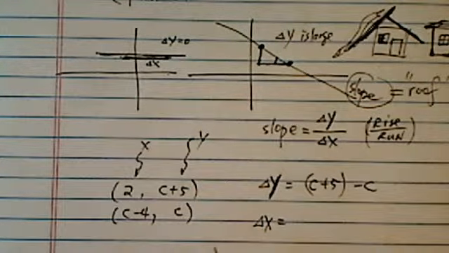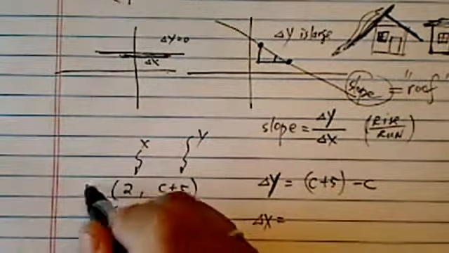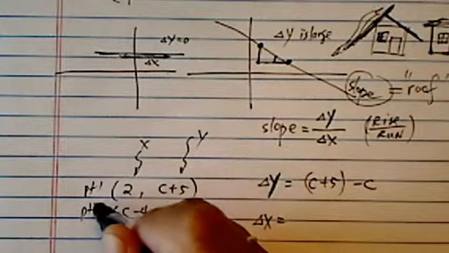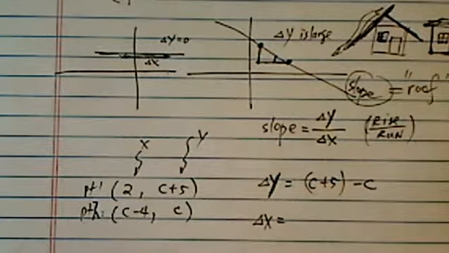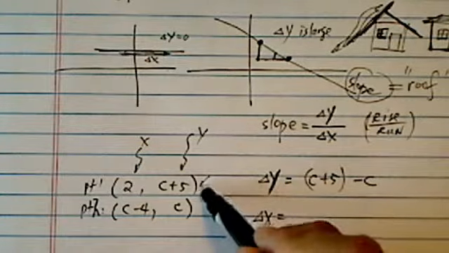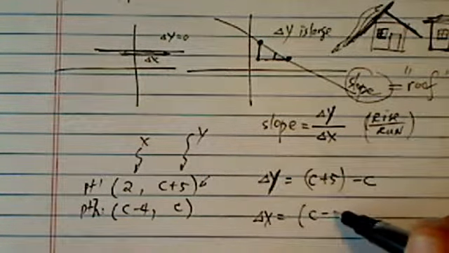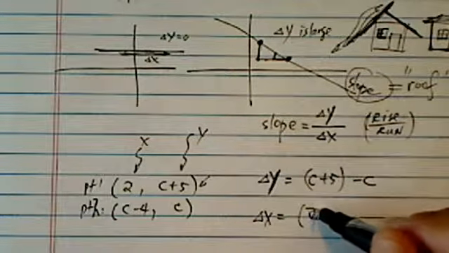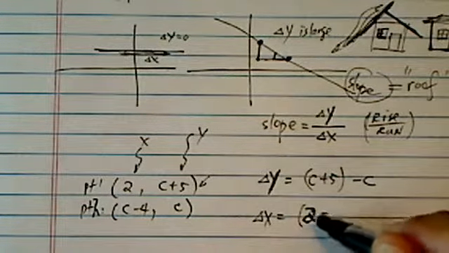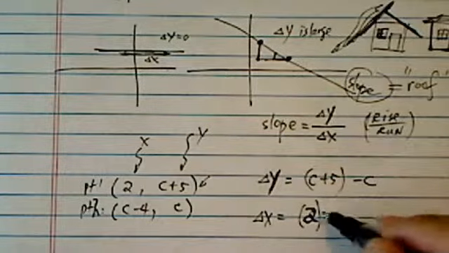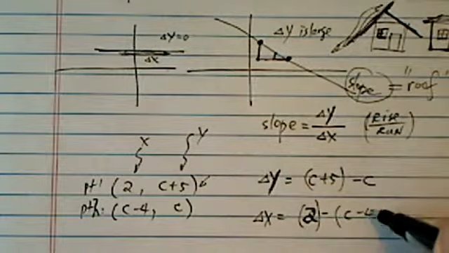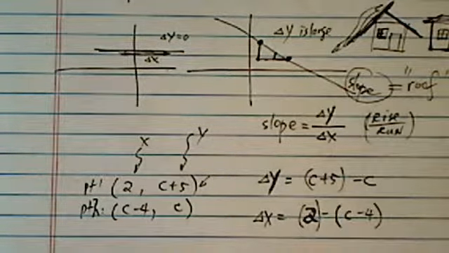Now, it doesn't matter which point you grab first, so long as, here's the important point, you keep the same order. I grabbed this point first, so I have to keep it the same for x. What did I just say? I have to keep the same order, and now I'm just changing on you. So 2 minus (c minus 4). Okay, change in x, change in y.